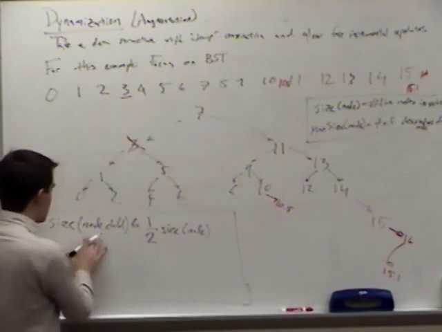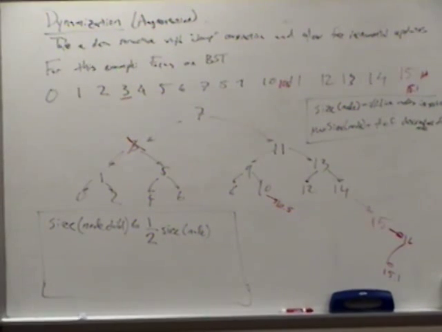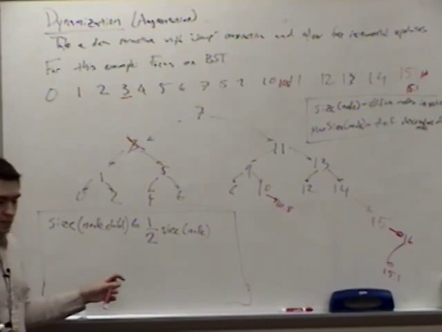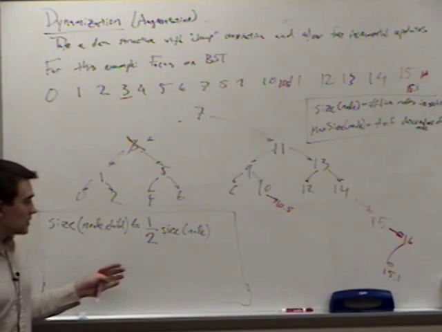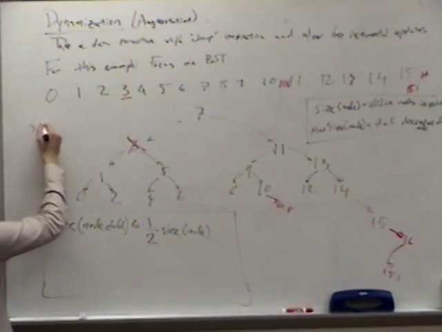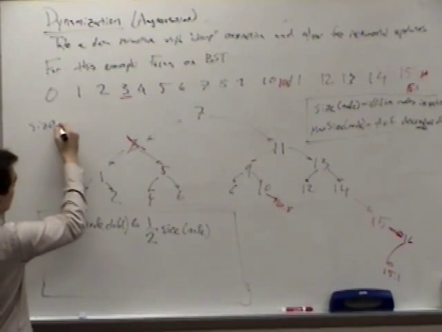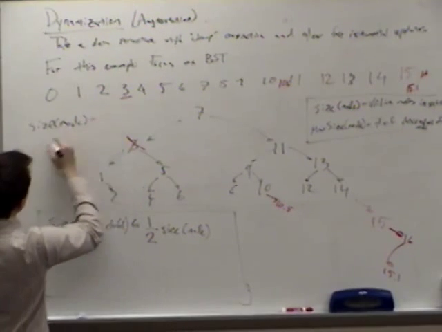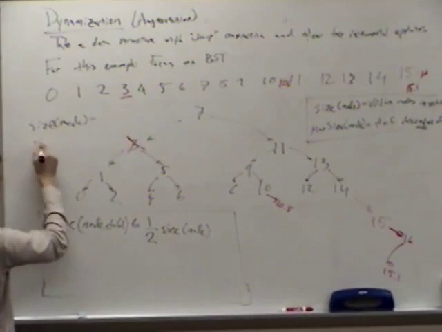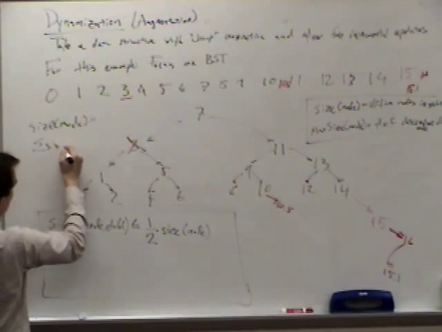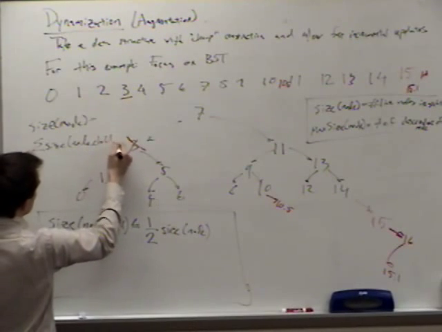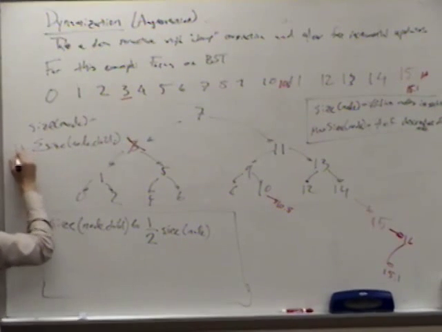Right? And so this is the basic property that ensures that the height of this tree is at most log n, because if you have 2 children here, then each of them has to basically cut this into 2 pieces. Since we know that size of node can be written as the sum of the size of all the children plus 1, right?